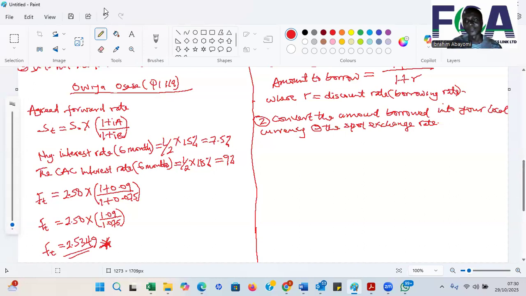It simply means that you borrow that dollar, you bring it to Nigeria. That's what conversion means. You convert it into Naira.